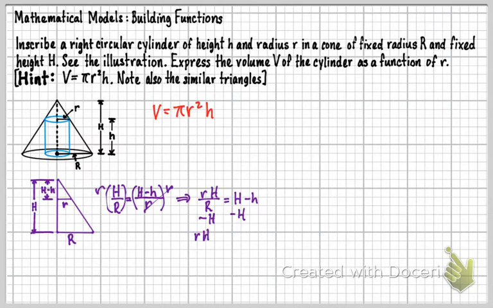So rH, oops, let me fix my H there, minus big H, over R, equals negative h. So then I'm going to divide by negative 1. So I get big H minus rH over big R equals h.